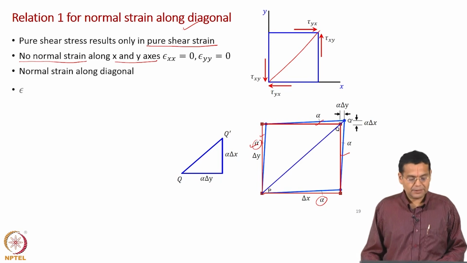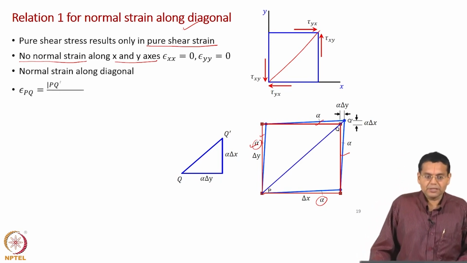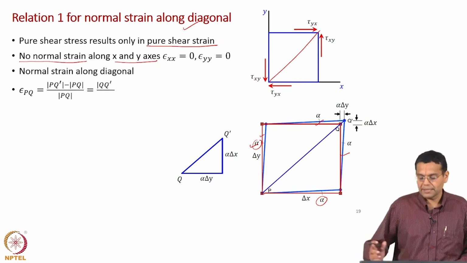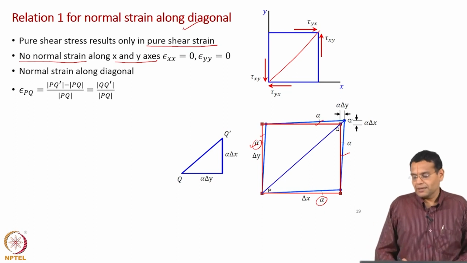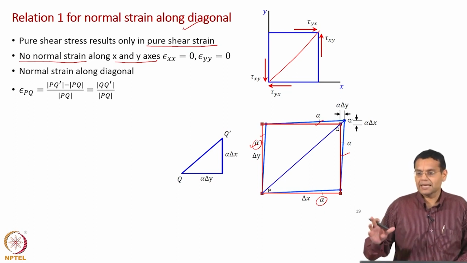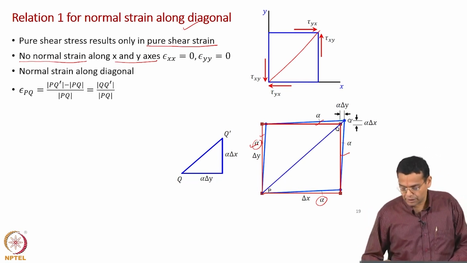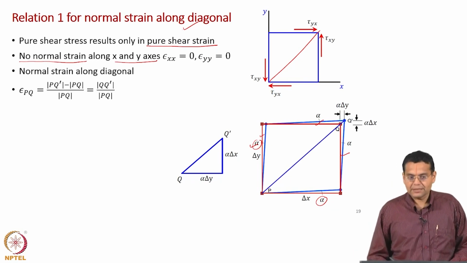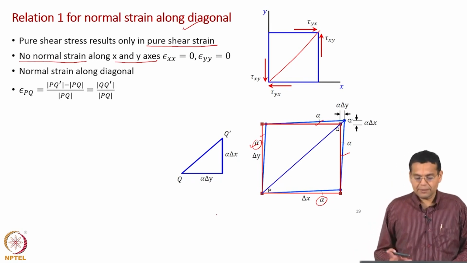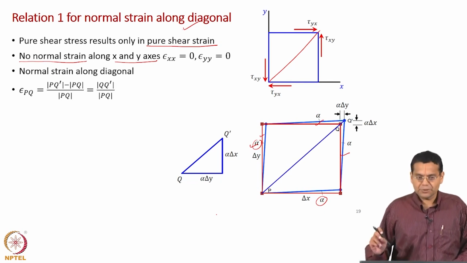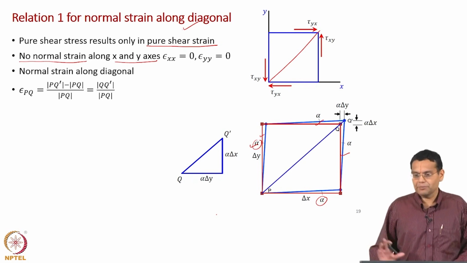Let us write an expression: epsilon PQ, the normal strain along PQ, is equal to length of PQ dash minus length of PQ, divided by length of PQ. This is the usual definition of normal strain, change in length by original length. What is the change in length? It is length QQ dash divided by length of PQ.